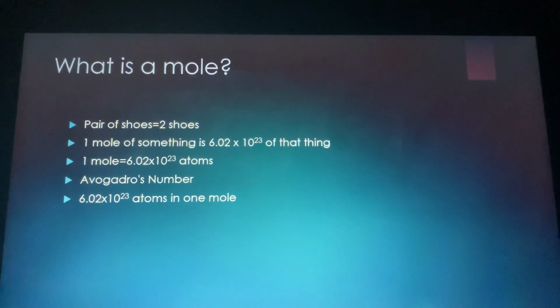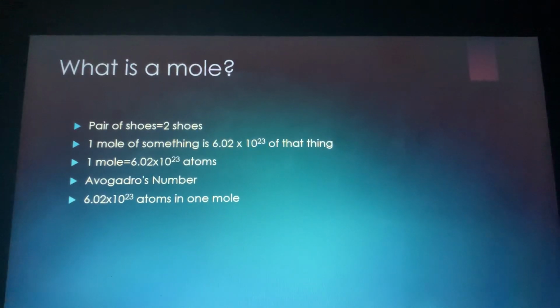So we need a way to classify them without going into extremely big numbers. So we have 1 mole and 6.02 times 10 to the 23rd, because that is Avogadro's number.